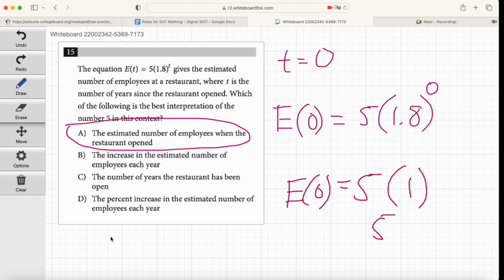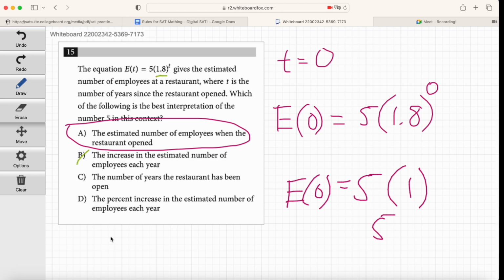It's not going to increase by 5 every year. It's going to increase by 80%, close to 5. If it were increased by 100%, then that would be an increase of 5. Well, at least after the first year. But it's just not the increase, right? It's an 80% increase. The percent increase is going to be the thing in parentheses. So that's not what 5 means.